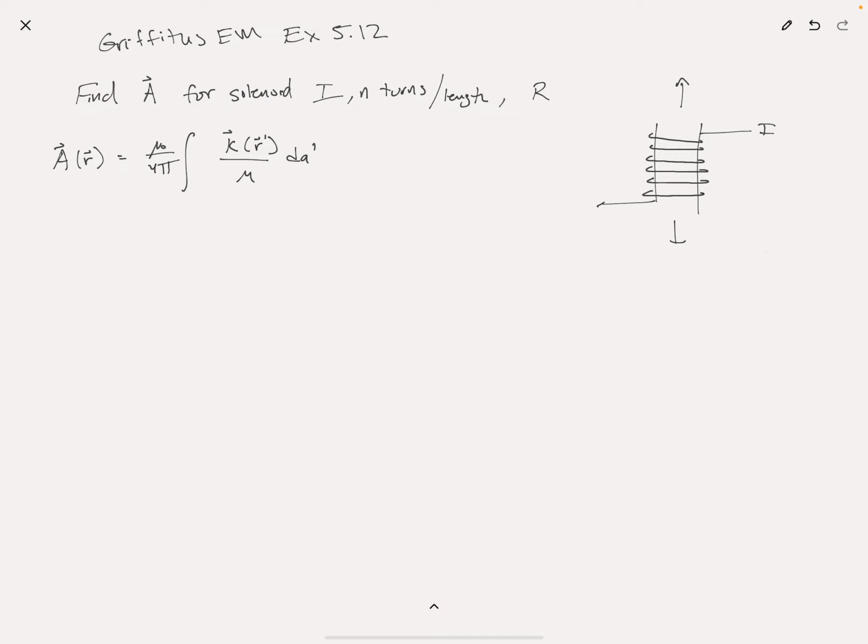But we cannot use this because our current density goes all the way to infinity, just like we can't use our scalar electric potential when we have charges at infinity. So we can't do that. And we're going to employ a little trick.